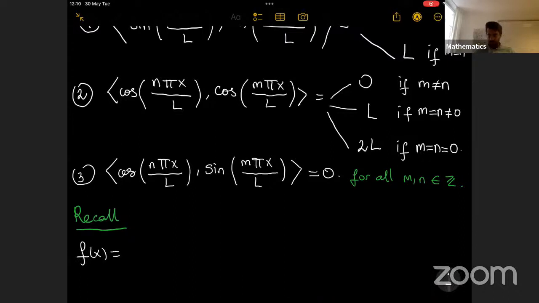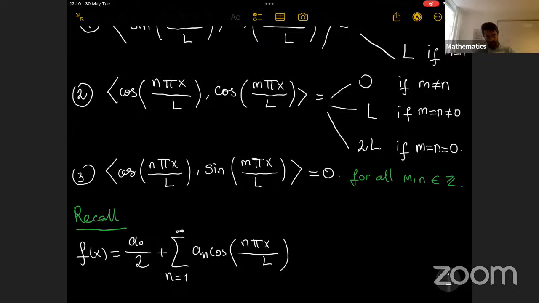It's equal to a0 over 2 plus sum of an cosine n pi x over L, n is from 1 to infinity, plus the sum bn sine n pi x over L, n is from 1 to infinity.